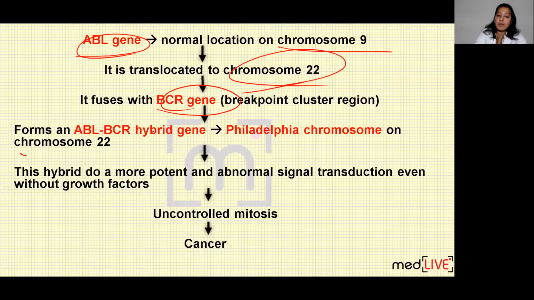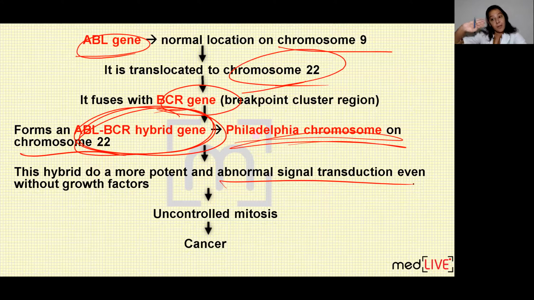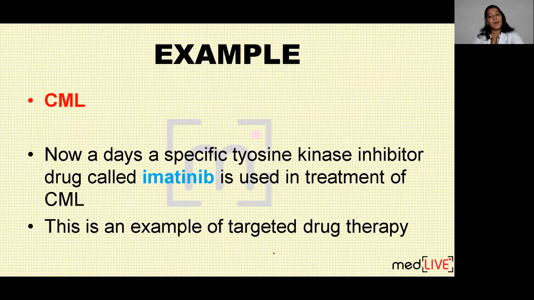So on chromosome 22, an ABL-BCR hybrid gene is formed. So chromosome 22 is known as the Philadelphia chromosome. Because of it, uncontrolled signal transduction or abnormal activation of tyrosine kinase enzyme occurs, because of which uncontrolled mitosis occurs, which leads to cancer. Correct? So an example of it is CML, chronic myeloid leukemia. It is a type of blood cancer which occurs because of this translocation.